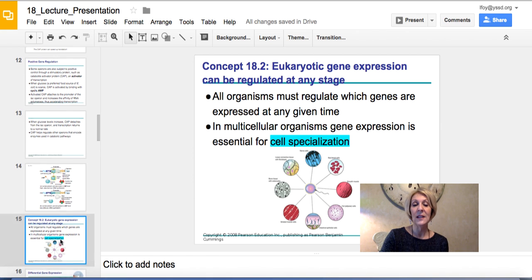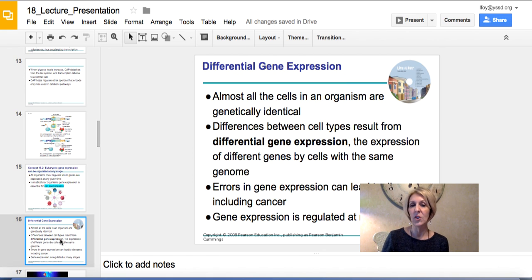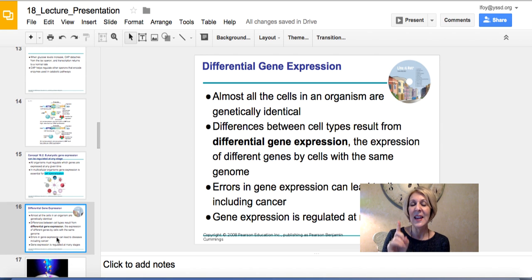And that leads to something called cell differentiation. And cell differentiation is when some genes are turned on and some genes are not turned on in specific cells. What genes are turned on allows that cell to become the cell that it's supposed to be. A cell is a specific cell because of the proteins it makes.